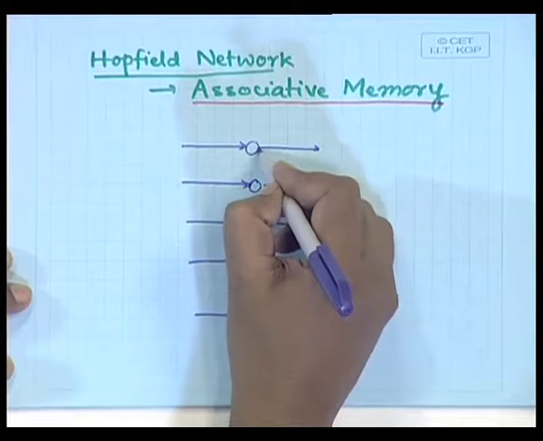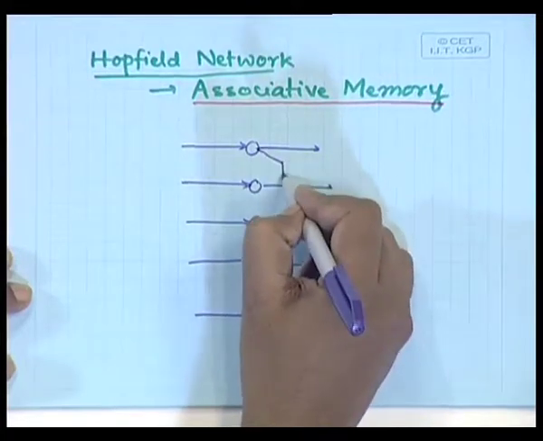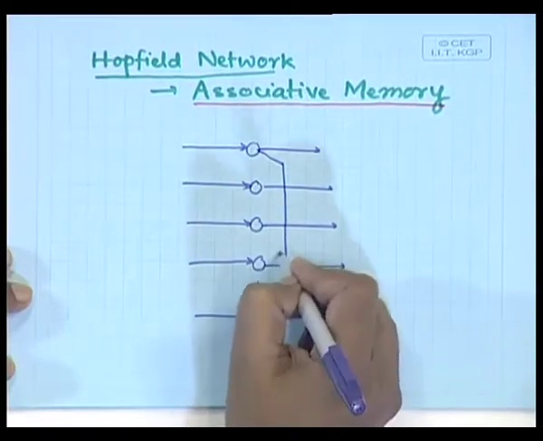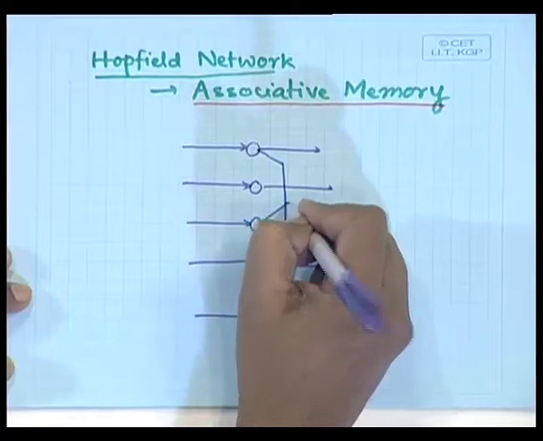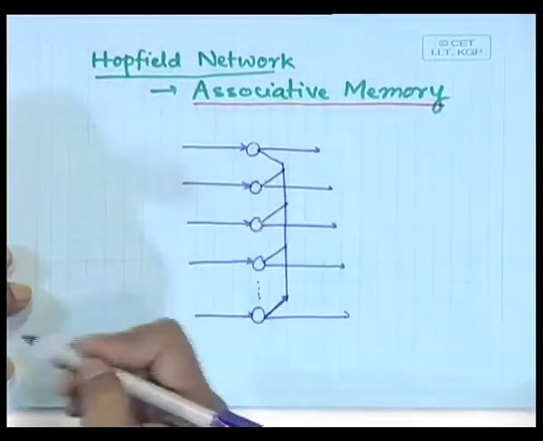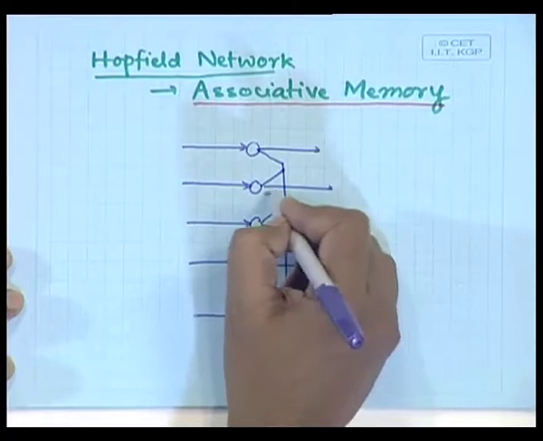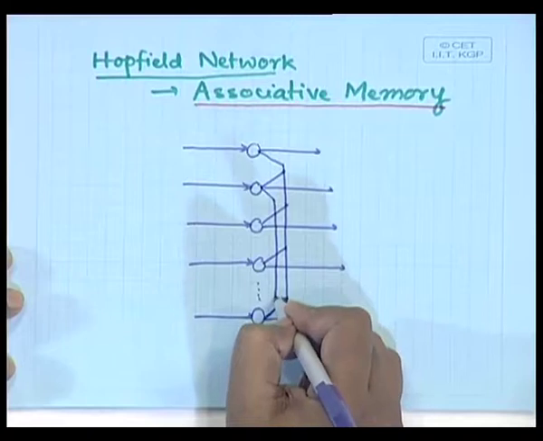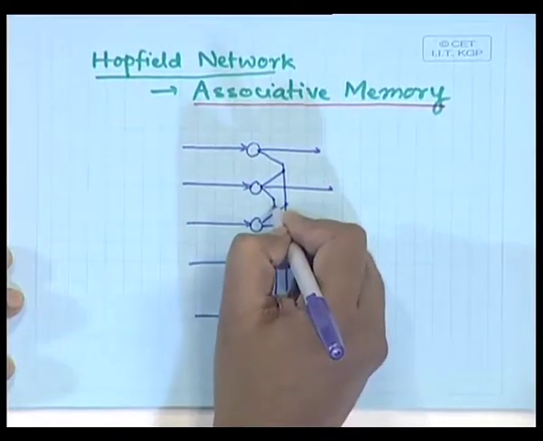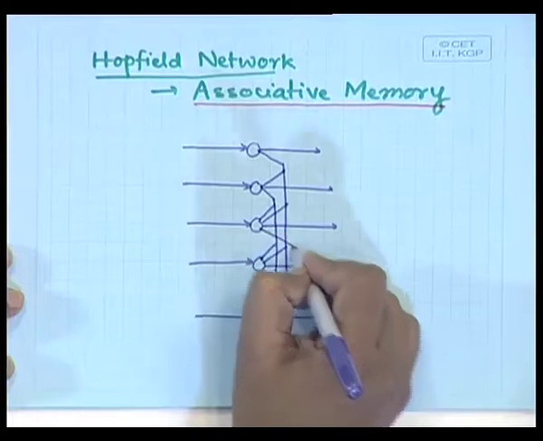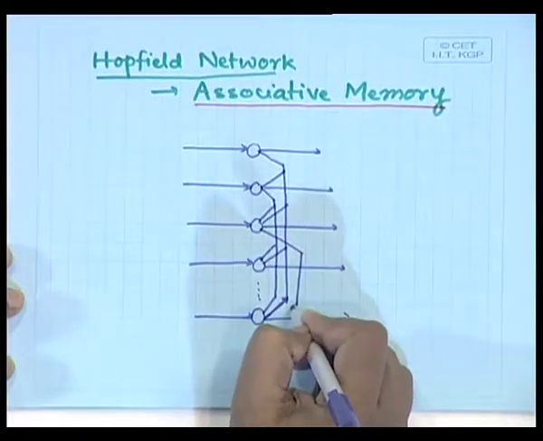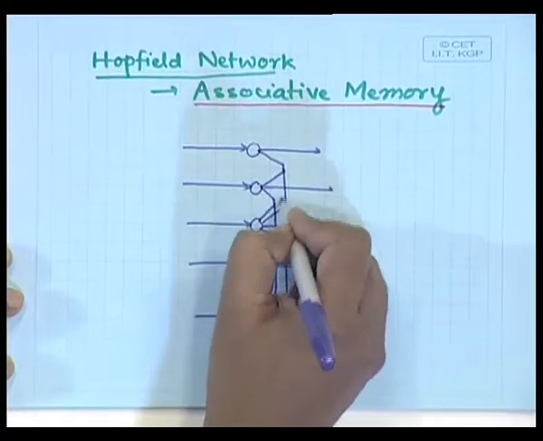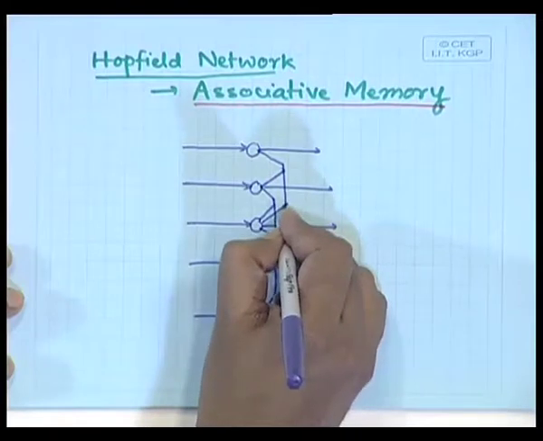The output of every node is connected to the input of every other node, and this connection is bidirectional. That means information flows in both directions. Sorry, this goes to the input side, not from the output side.